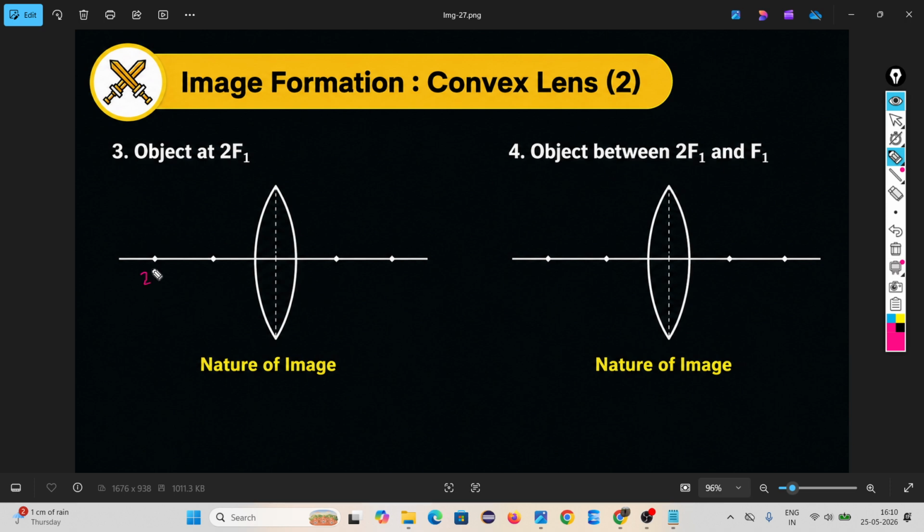Object now, this is 2F1, F1, F2, 2F2. This time we have to put the object at 2F1.